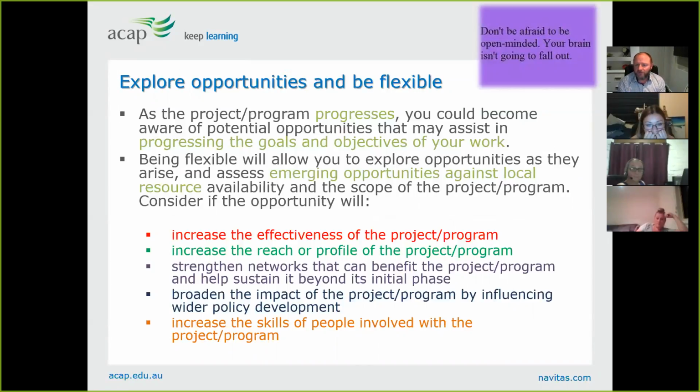Explore opportunities and be flexible. So you don't have to be a high-end taskmaster. You need to keep the project on track, but with community development, on community projects especially, they do tend to take a lot longer than what you want them to take. And the reason why, in a nutshell, the more people you involve in decision-making processes, the more allowances for time.